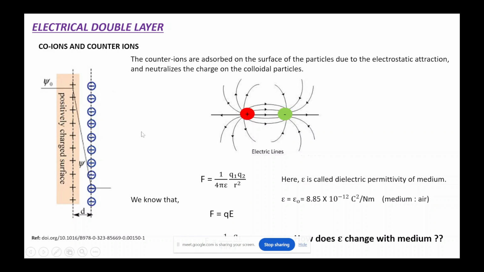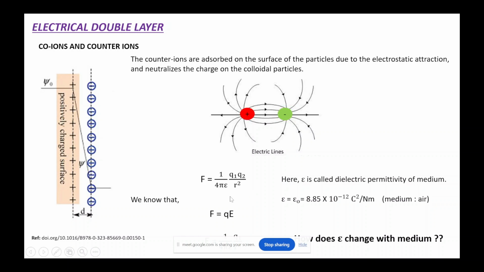So if you come back to these electrical lines of force, as I said previously, these are the electric field lines. Between these oppositely charged particles, there is some sort of force of attraction, right? So they tend to come together because of that force. That force is the electrostatic force, which is given by the expression 1 by 4 pi epsilon, q1 q2 by r square.